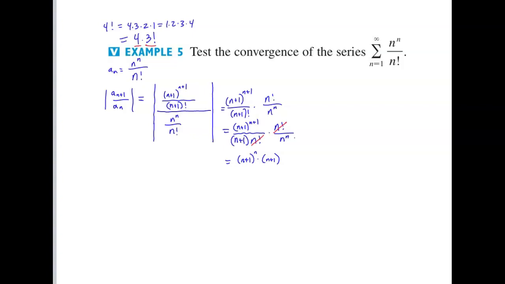All right, so that helps a little bit because now we get rid of those n+1 terms. And now we're left with (n+1)^n over n^n.